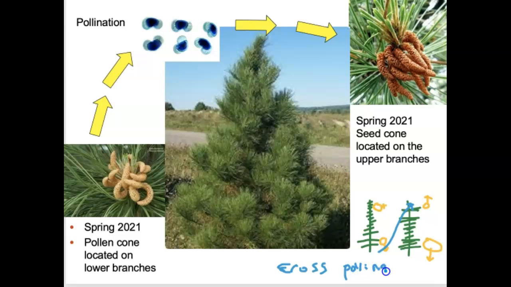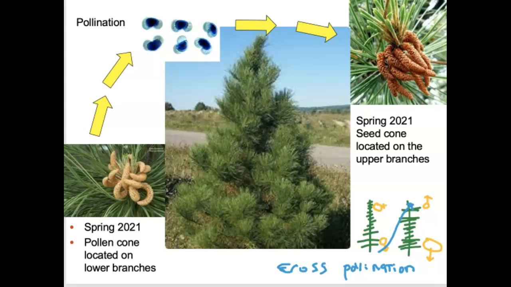You want to blow your pollen to the neighbor, so you fertilize their eggs, and then their pollen gets blown onto you to fertilize your eggs. That gives you genetic diversity within your population. If you're fertilizing yourself all the time, that's boring, and you're not increasing genetic diversity.